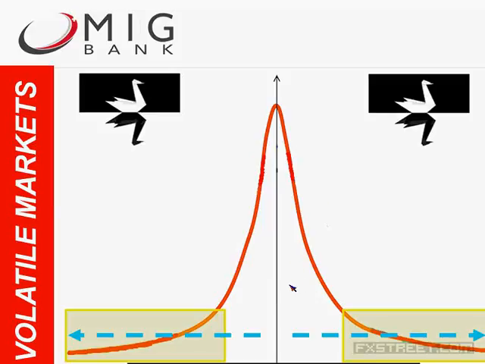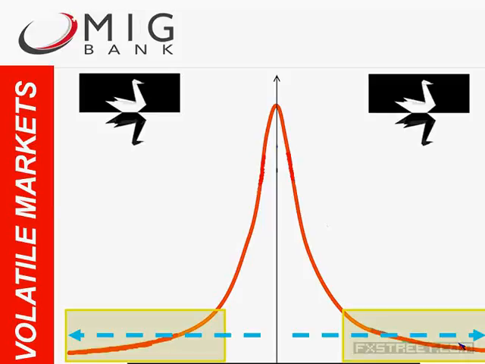Now, the line down the middle is the average price. It's the mean. Anything to the left or to the right is a deviation. Anything in the middle part, the midsection of that probability distribution, is a normal price movement, a few standard deviations.